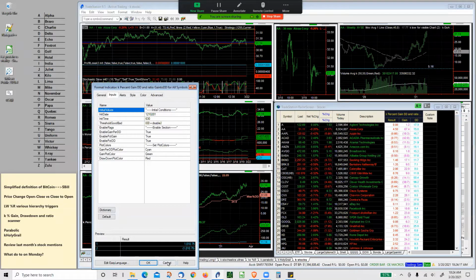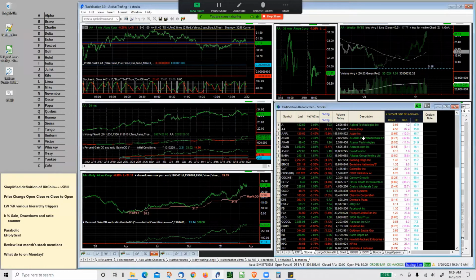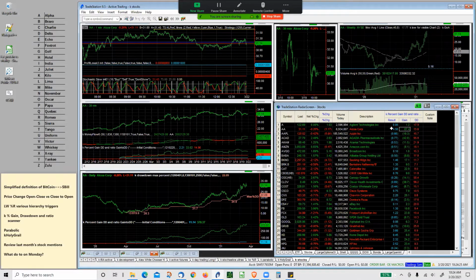Oh no, it's from February 1st. So from February 1st till now, Alcoa Aluminum is doing really, really nice. The drawdown in Alcoa Aluminum is very small compared to the gain it's had, and you can see that here.